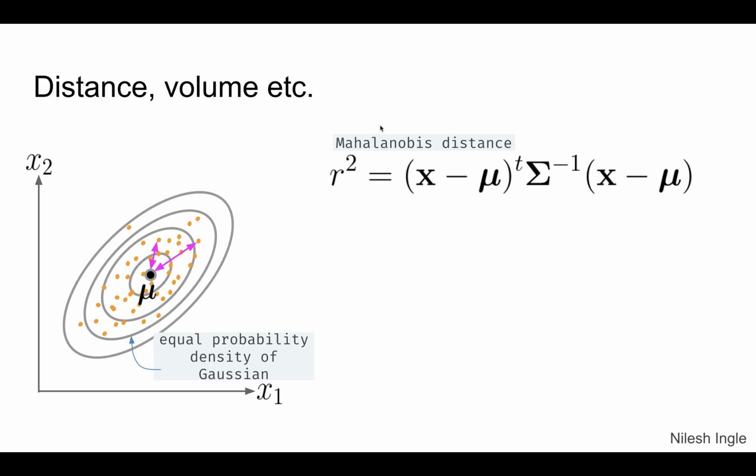What Mahalanobis distance does is that it includes the variation in the data when calculating the distance, because we are multiplying by the covariance matrix, and that measure is used to find proximity of points from the centroid shown here by the black dot mu.